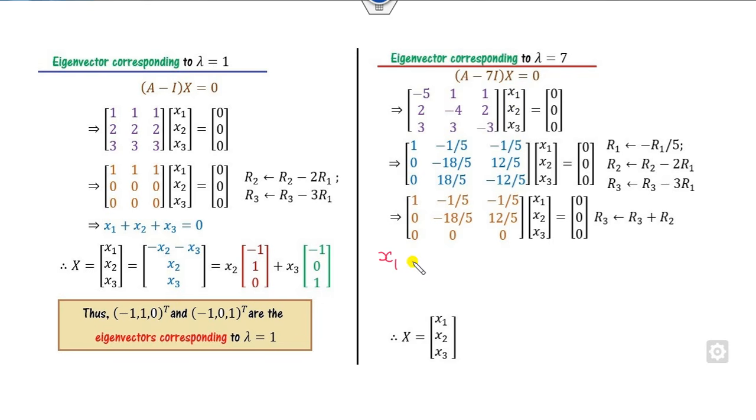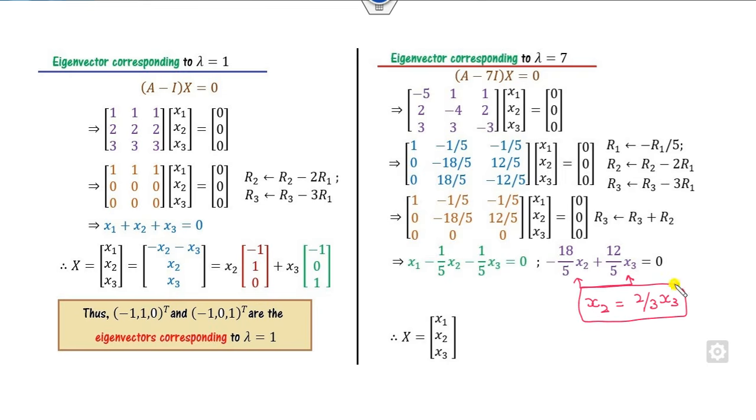So you can write x1 minus ..., this is the equation. From here you can easily find the value of x2. x2 is 2 by 3 of x3. I can substitute the value of x2 and find the value of x1 in terms of x3.